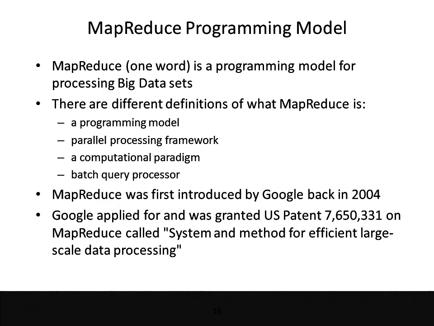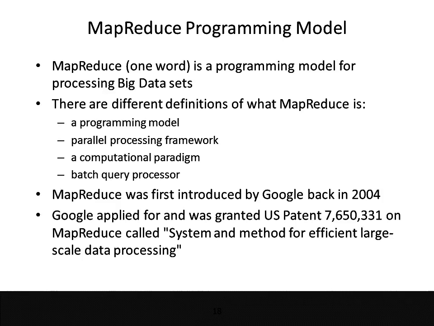We can equivalently think of it as a parallel processing framework, so a way of performing activities in parallel that gives us the ability to leverage this distributed environment that I've built in Hadoop. I can also think of it as a computational paradigm, a way of organizing computing. It's a kind of equivalent idea. And the last, more functional way of thinking about it is as a batch query processor. So I could think of MapReduce as a way of implementing batch queries.